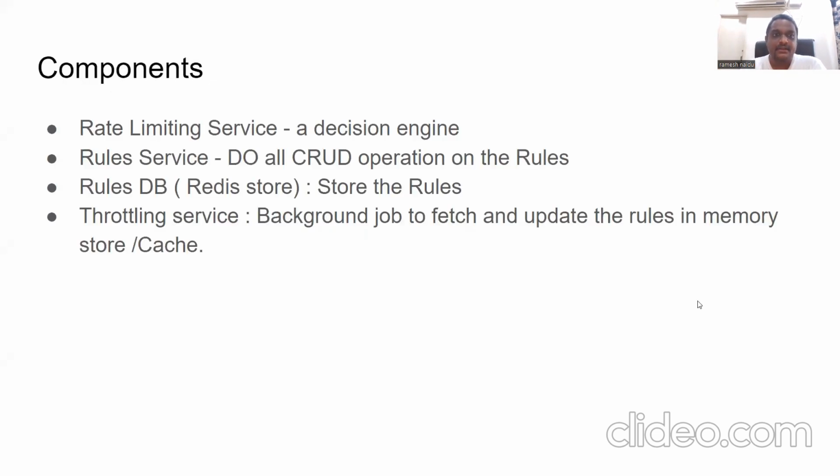These are the major components which will be a part of the rate limiting service, the entire workflow. So one is the rate limiting service, which is basically the decision maker. I'm calling this a decision engine. A request which comes from ELB lands on this particular microservice first. This will be the central service that collaborates with all other services.